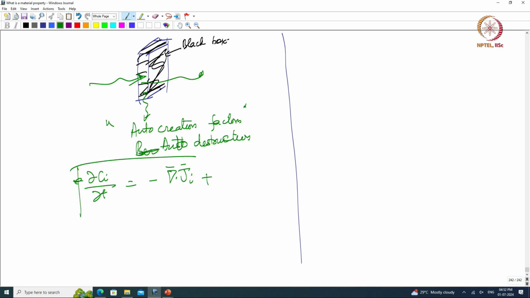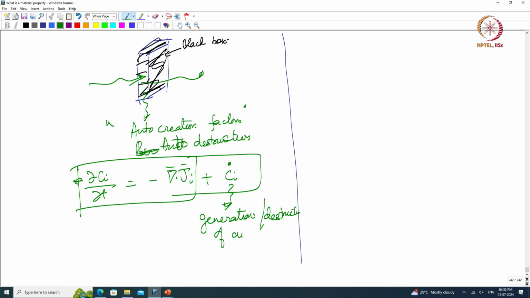So, this is the number of autos that go in and come out, right. So, this is the conservation law, but if I have new autos that are generating or destroying from this region of interest, I have to put in the generation term or the destruction term. So, I am just going to put Ci dot, where this is the generation or destruction of autos.